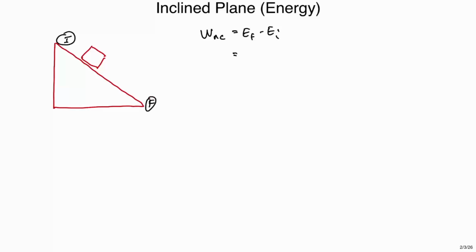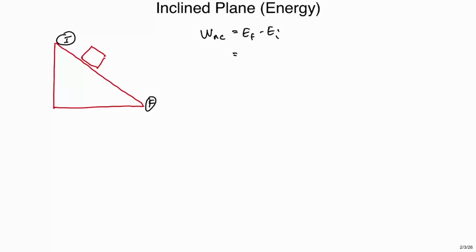In the context of a problem where you've been given words and numbers and things like that, they'll tell you things like the skier starts at the top of the hill, or maybe the skier starts halfway up the hill, right? Or they'll say the skier has this speed at the bottom. They're giving you information. You want to pick initial and final at places where you know something is happening, like how fast the skier is going at a point, or where you want to find something out.